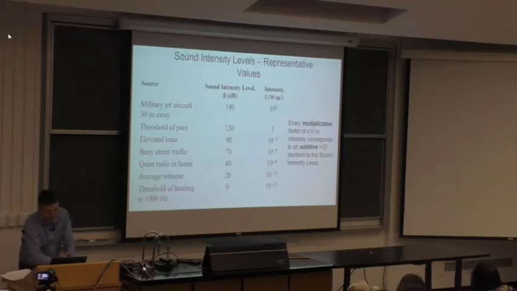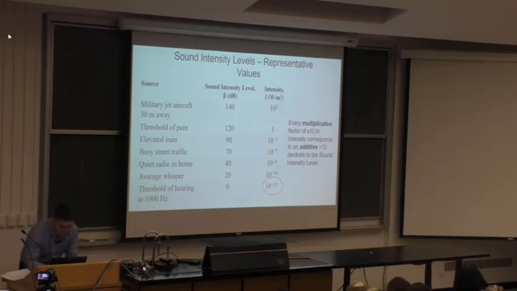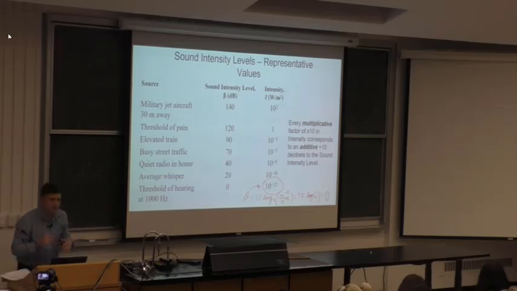So if you have 10 to the minus 12 over 10 to the minus 12, then beta is equal to 10 times the log base 10 of 10 to the minus 12 divided by 10 to the minus 12. So that's equal to 10 times the logarithm of 1, and this equals 0. Logarithm of 1, if you do it in your calculator, comes out as 0.